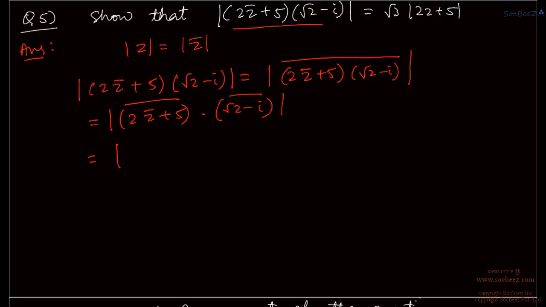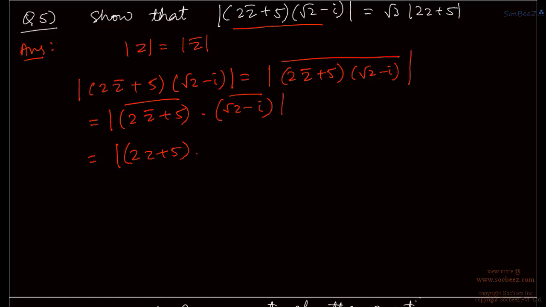Note that remember, a double conjugate gives back the original. So z bar conjugate will give us z, whereas the coefficient 2 and the number phi are just real numbers, and the conjugate is the same number. So we get 2z plus phi.